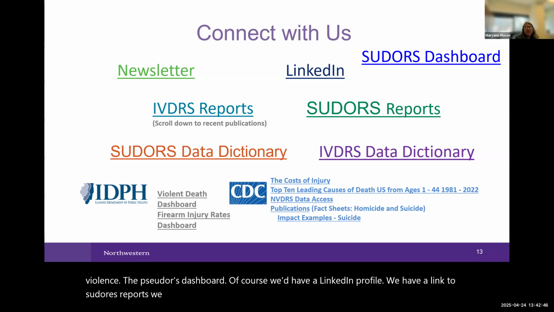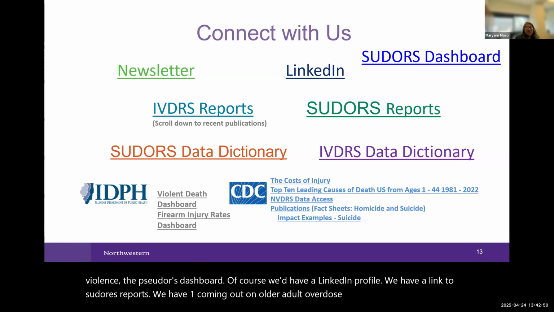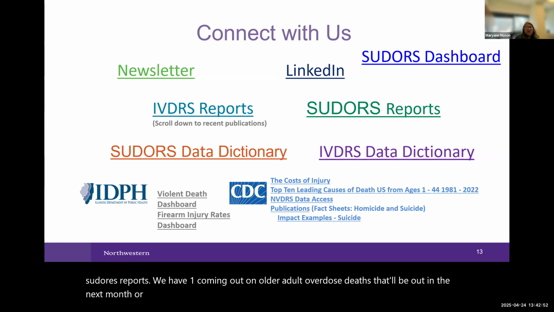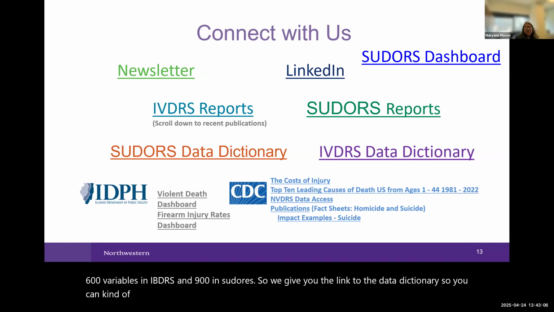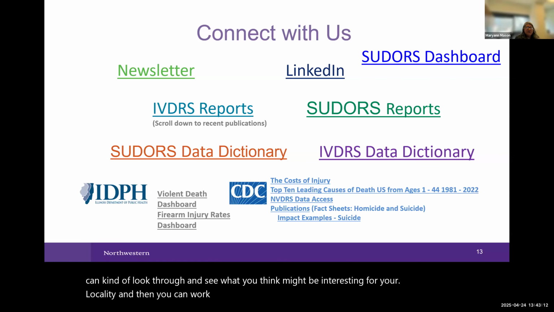We have one coming out on older adult overdose deaths. That'll be out in the next month or so. And then these two down here, data dictionaries. There are about 600 variables in IVDRS and 900 in SUDORS. So we give you the link to the data dictionary so you can look through and see what you think might be interesting for your locality, and then you can work with us to request those.